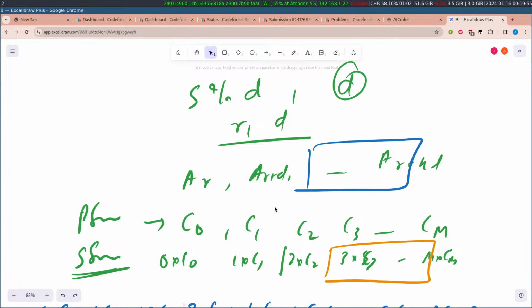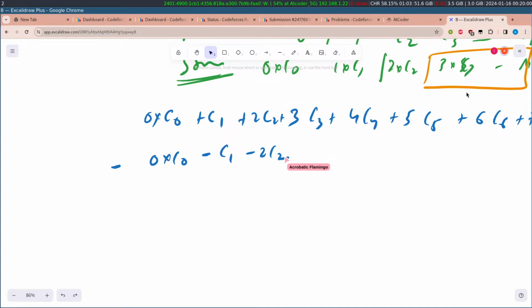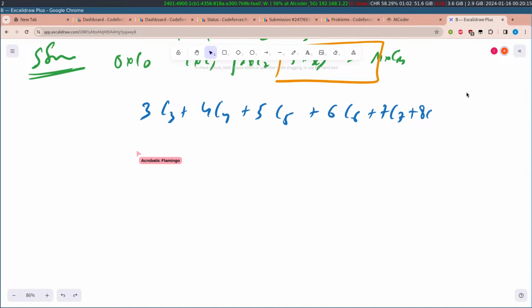I will repeat again. If my sum starts from, let's say, 3 to 8, then I write this value 3 into C3, 4 into C4, 5 into C5, 6 into C6, everything, and I can first add and subtract the other parts to it.